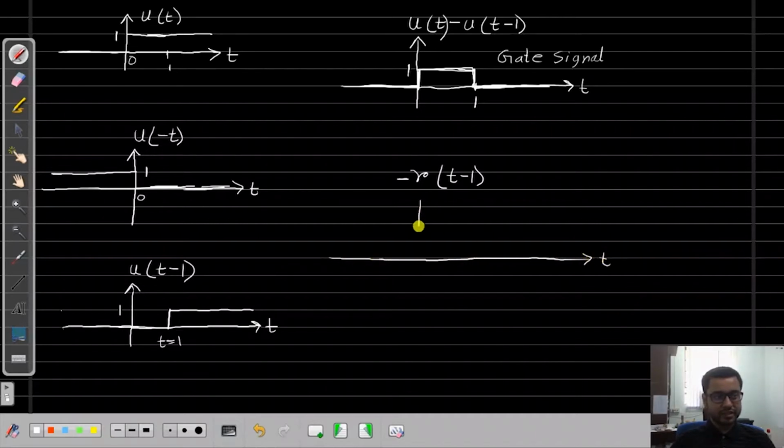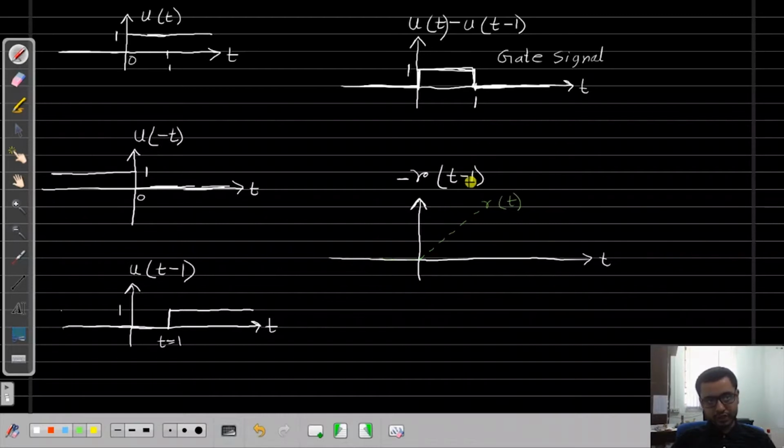Time versus minus r(t-1). Now you can start from the signal r(t). This is how r(t) will look like.